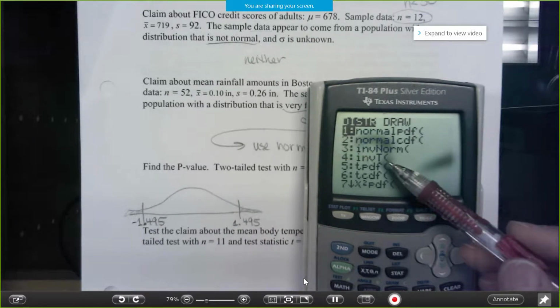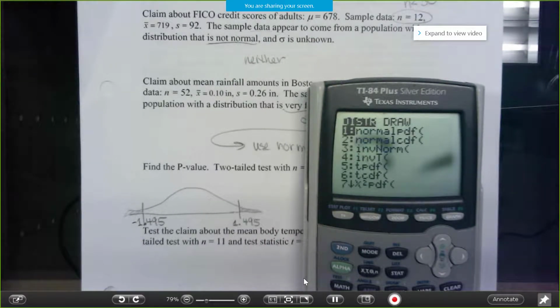There are actually 3 things on my calculator that have the t on there. The INVT, the TPDF, and the TCDF. And just like with the normal, we never use the PDF. So to find probability, would we be using INVT or TCDF? TCDF.